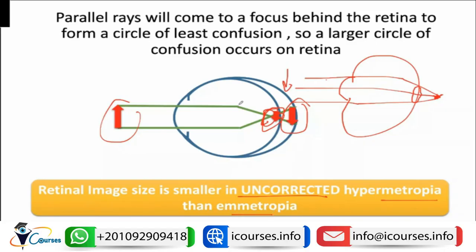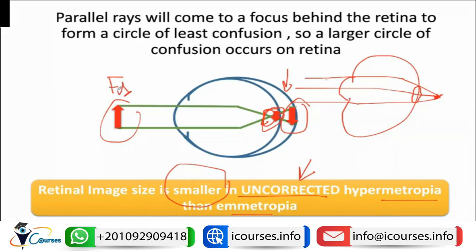Since the power of the eye is smaller in hypermetropia, the magnification will be smaller. So the eye will show a smaller image size in uncorrected hypermetropia. However, if it is corrected, as we said in myopia, and the glasses are present at F1, then the retinal image size will be unchanged.